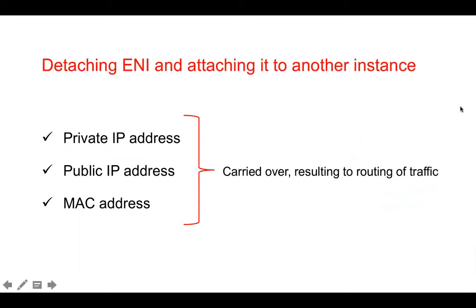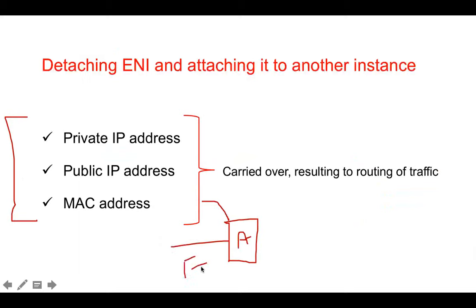See, if you pick any network interface, these three things are associated with it: private IP, public IP, and the MAC address. For example, these three properties are assigned to this instance A, and this is the elastic network interface, ENI, which carries these three properties.